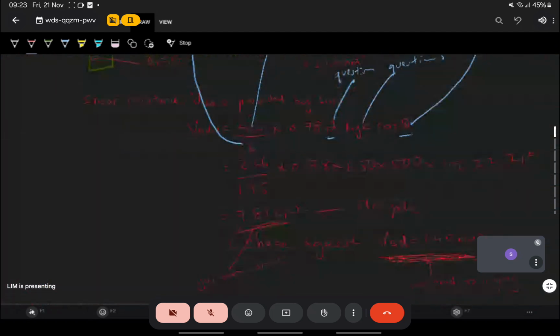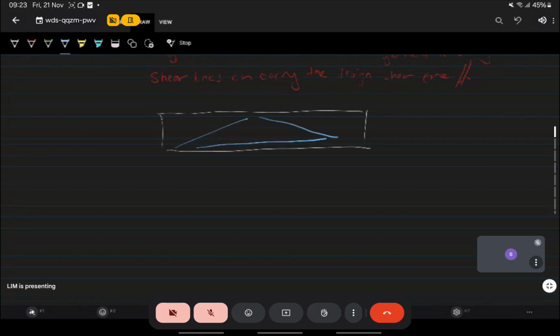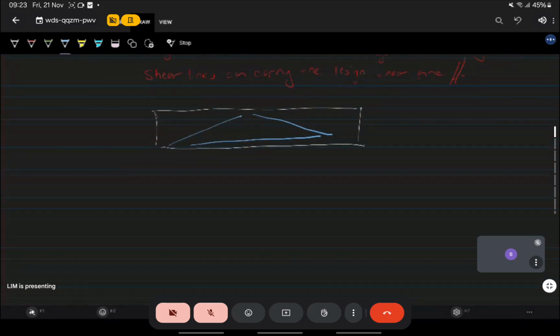Now let me draw the beam again. That's a beam. That's the strut and tie. So we calculated the force here. We checked the crushing at the end, but we haven't calculated anything for the tie.